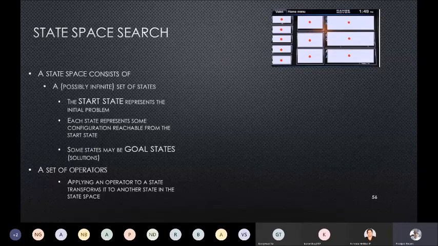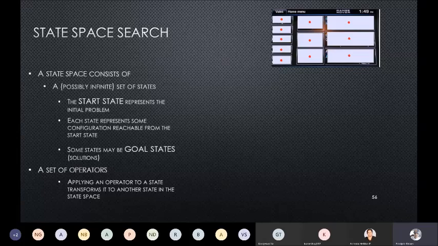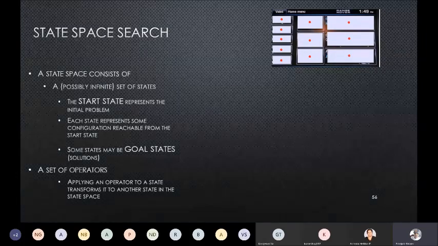And a state is defined by a particular position of these red dots on this button. So our initial state is a state in which all the red dots are at the middle of the button, which is most typical, that if I want to draw a dot, I will draw at the center. So this is our initial state.